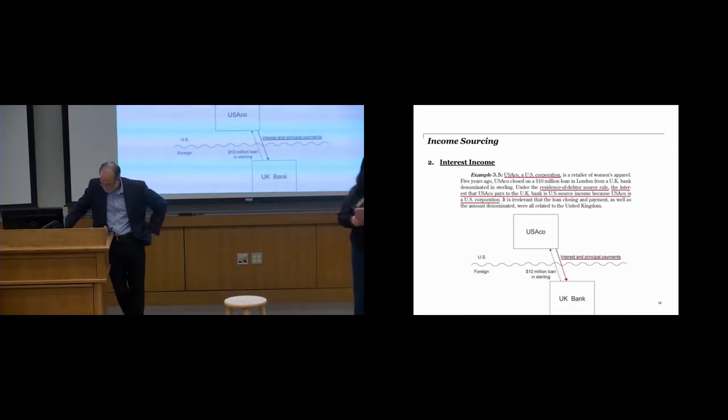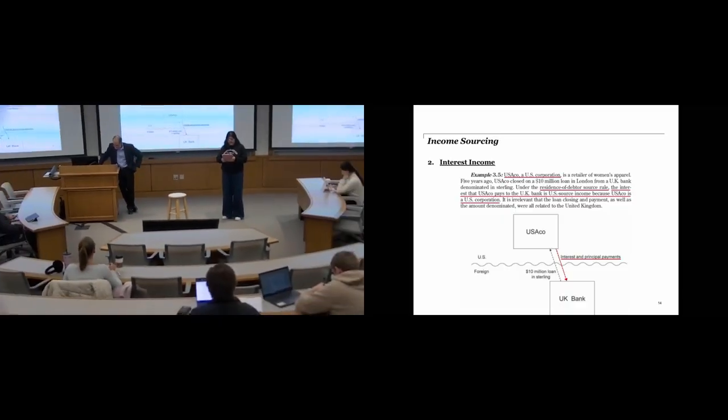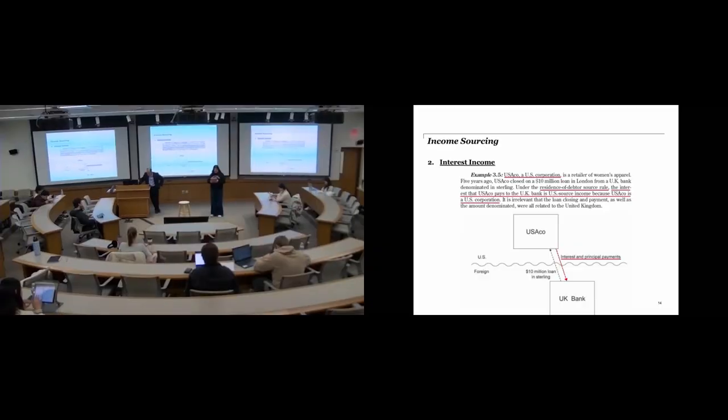The loan was made in London, but for this interest income, we use the residence of debtor rule, which means the source of the interest depends on where the borrower is located, not where the bank is or where the loan happened.